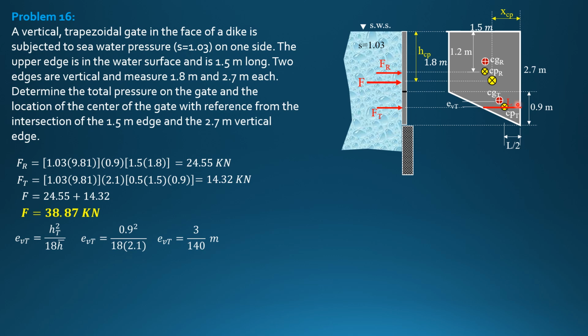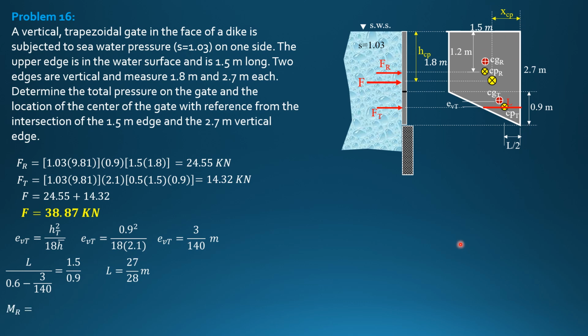So L is 0.6 minus 3 over 140, which is equal to 1.5 times 0.9, so that L is 27 over 28 meters. Remember, this is L over 2. So we compute the moment of the components, rectangle and triangle, with respect to the right edge so that we can solve x sub Cp by Varignon's later.